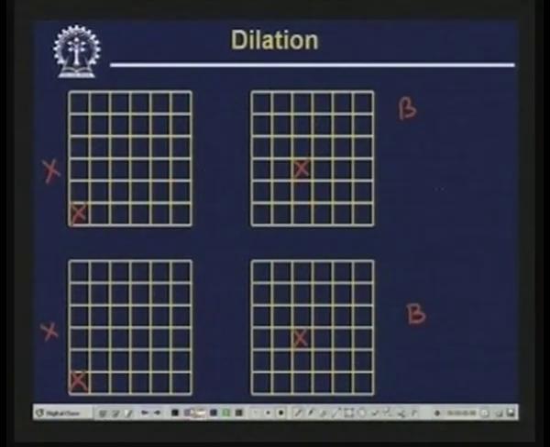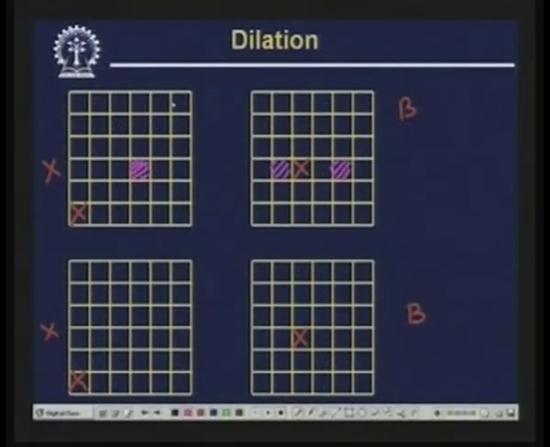And I take a single point in our image. So, this X contains this single point, and what I do is I take the structuring element consisting of only 2 points like this.